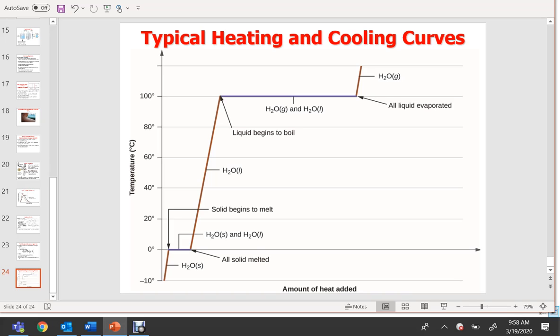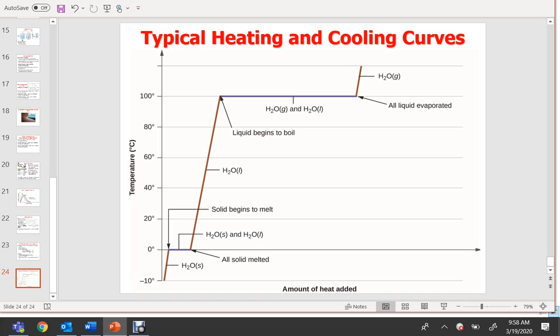As heat is provided to the mixture, all the ice will be melted. Then the mixture becomes a pure liquid.